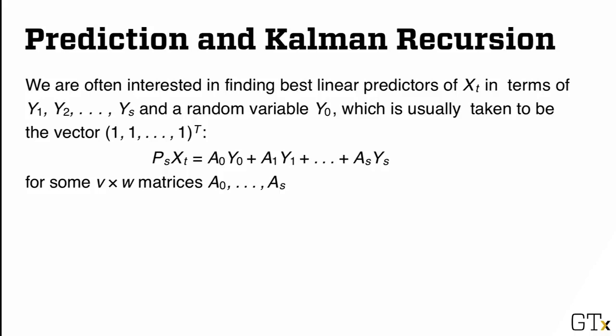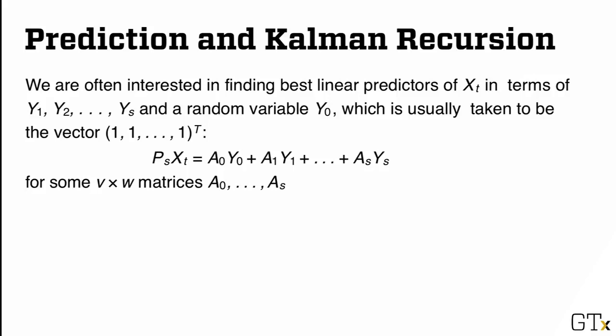This will be denoted by P_s of xt, the expectation of xt given a time series y up to time s. Because we're interested in a linear predictor or estimator given the observed time series y rather than the unobserved time series x, we write P_s of xt as the linear combination of y0, y1, y2 up to ys, where a0, a1 up to as are matrices if the time series y is a multivariate time series.